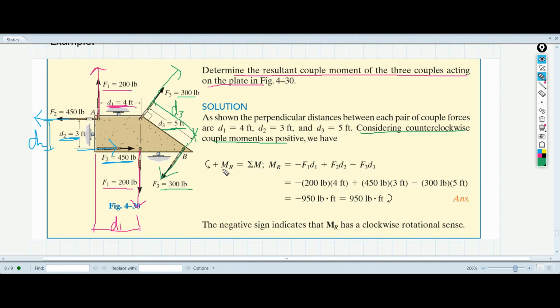So sabi niya, the moment R or the CR is positive counterclockwise. Okay, tapos apply lang natin yung Varignon's theorem. So we have here our F1 D1, F2 D2, F3 D3. So isa-isahin natin, unahin natin si F1 D1. So F1 D1, eto siya, yung pink natin dyan. Ano ang kanyang direction?